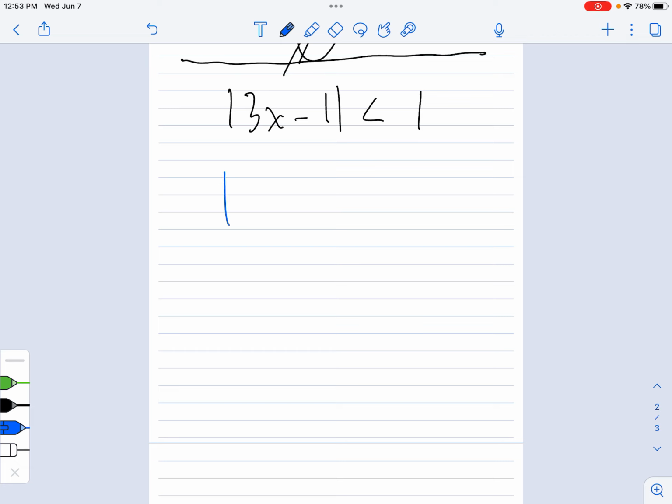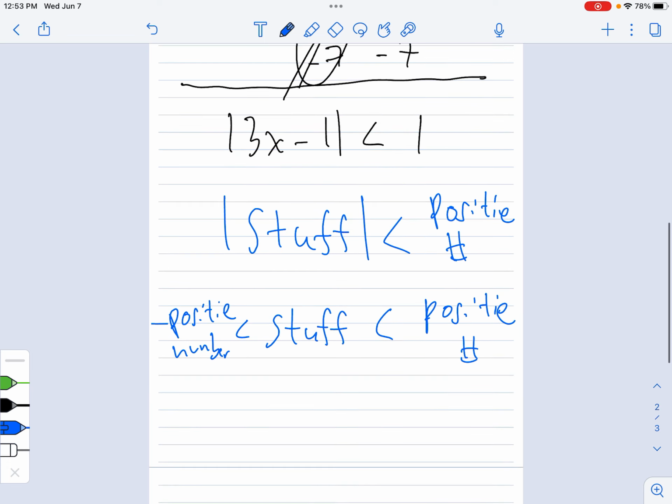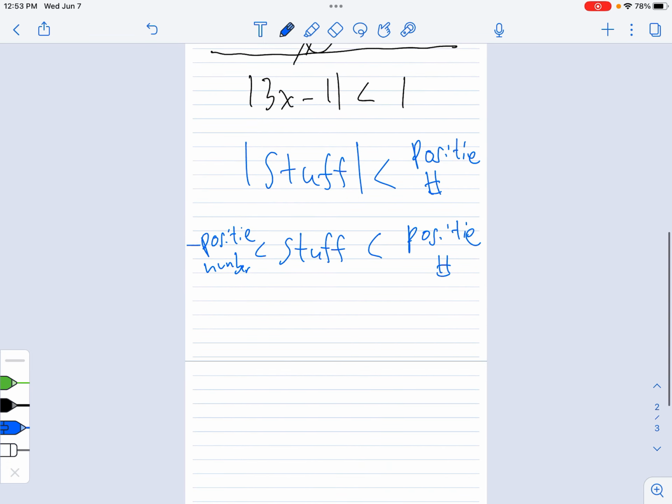When you have an absolute value of stuff that is less than a positive number, and this only works if it's a positive number, you turn this into a compound inequality: stuff less than the positive number and greater than the negative of that number. So in our case, that would be 3x minus 1 is less than 1 and greater than negative 1.